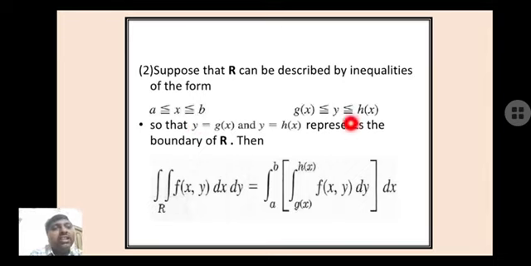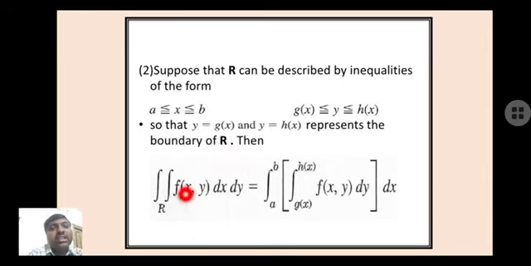When we come to the y limits, y is between g(x) and h(x). So g(x) is a function of x and h(x) is also a function of x. That means the limits of y are between two functions, which may or may not be curves. So y = g(x) and y = h(x) represent the boundary of region R.